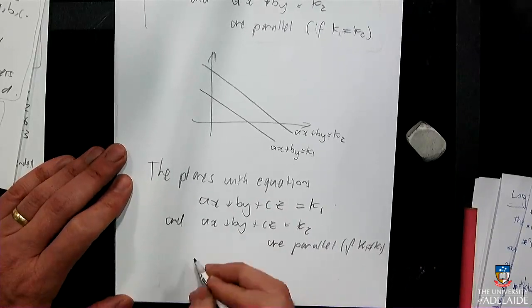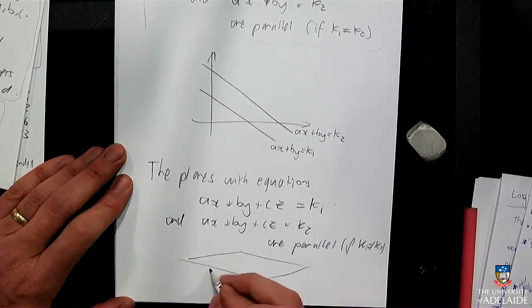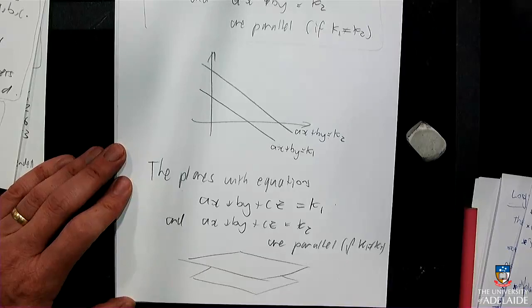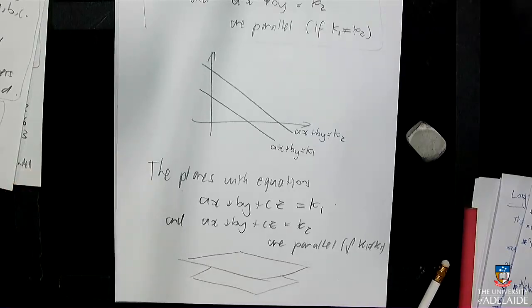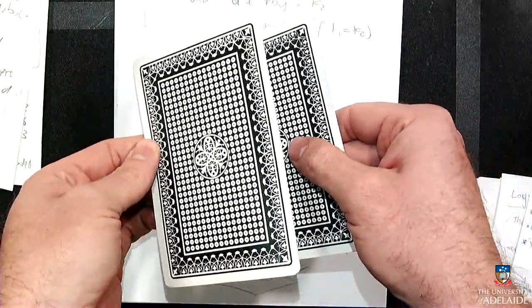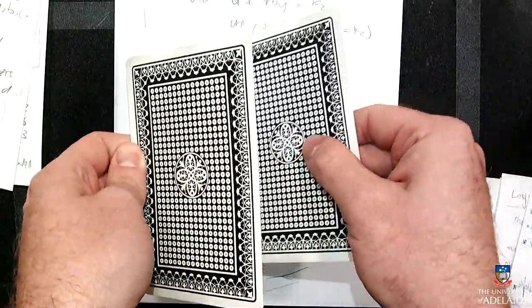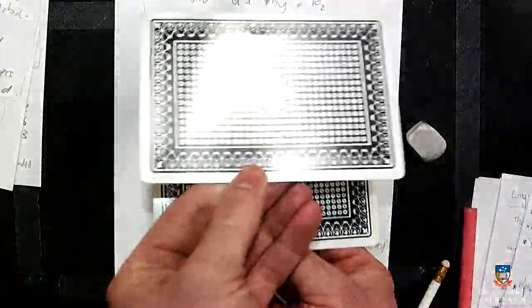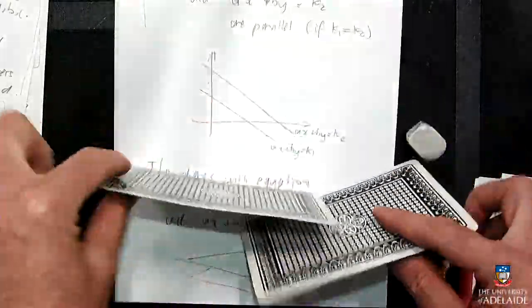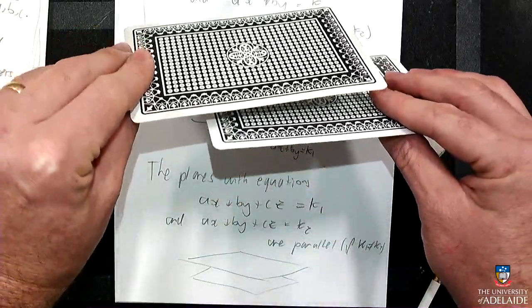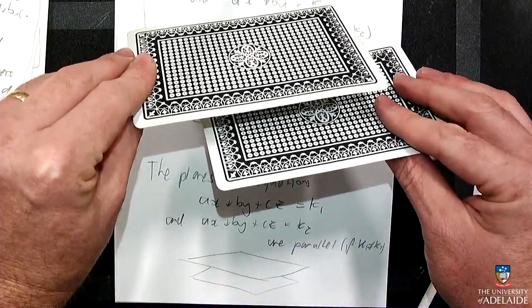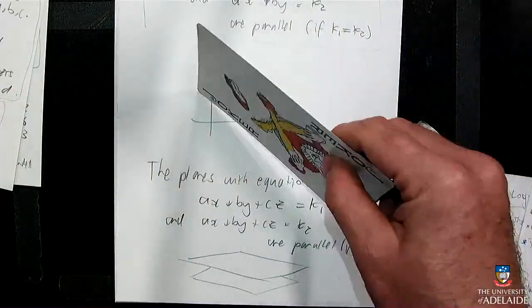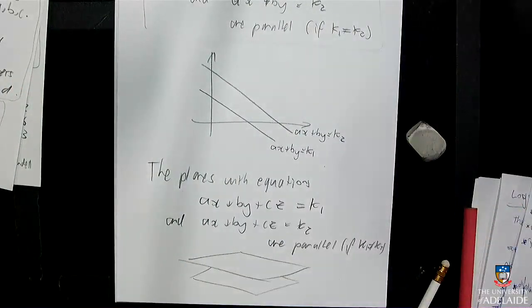And normally you draw it like this, like that. So you imagine that your two planes are two playing cards that are in the same direction. The drawing on the page is a picture of this. But they're supposed to go on forever, but we only draw them as this much, in the same way as these lines go on forever, but we only draw that much of it.